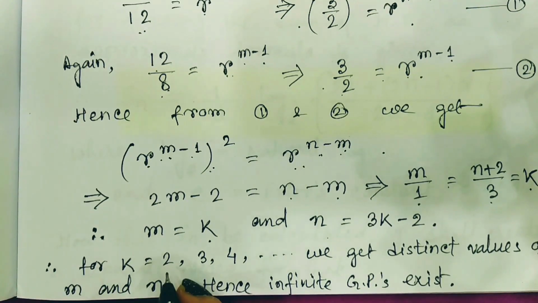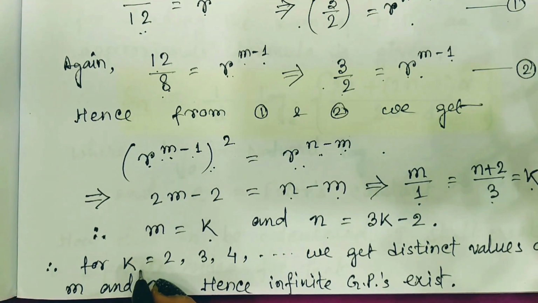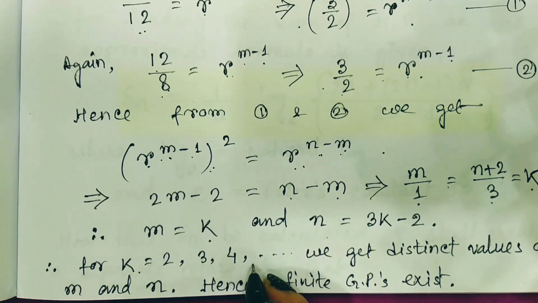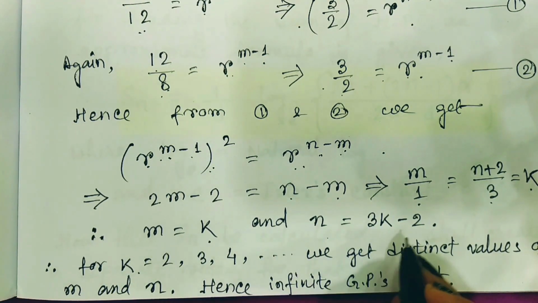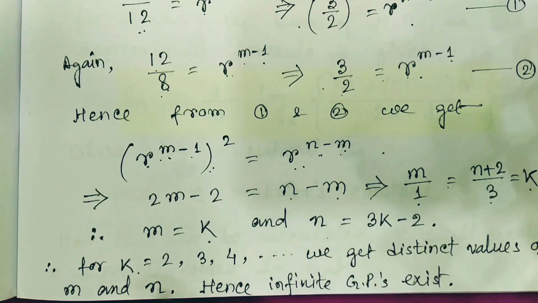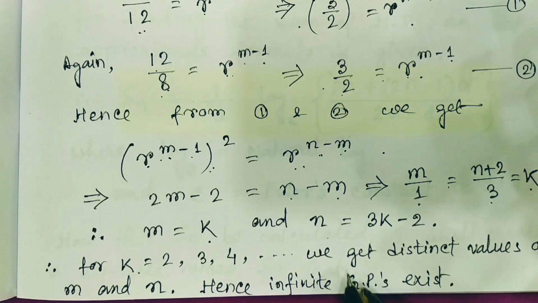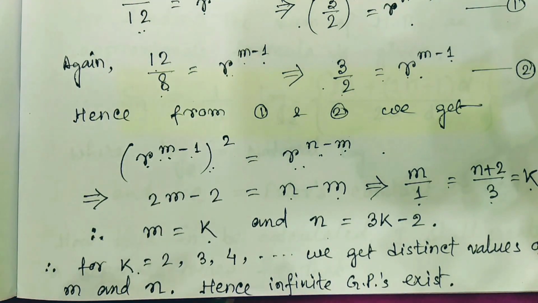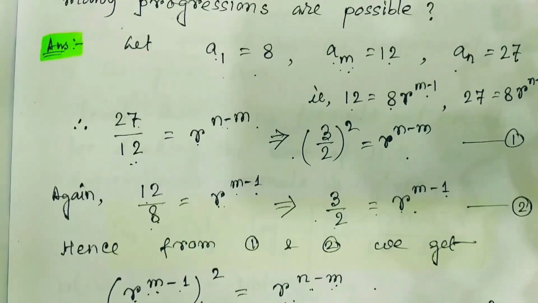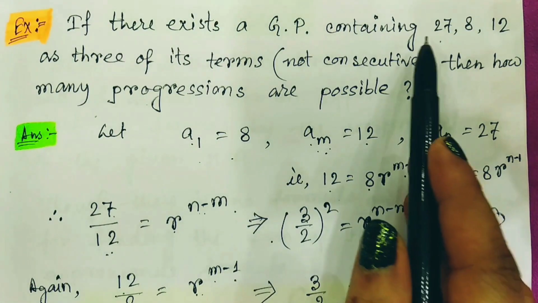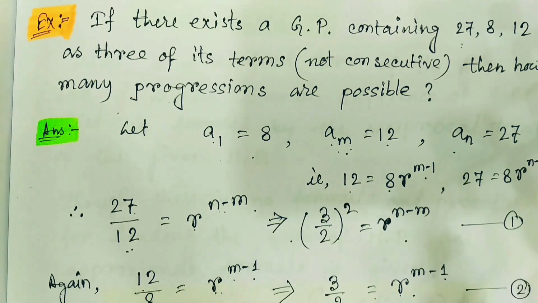Now for different values of k, k can be taken as 2, 3, 4. Definitely k can't be taken as 1, because then it becomes negative. If we consider k values as 2, 3, 4 and so on, then we get distinct values of m and n. Hence, we can form an infinite number of GPs where these three terms are included. So that is our answer.